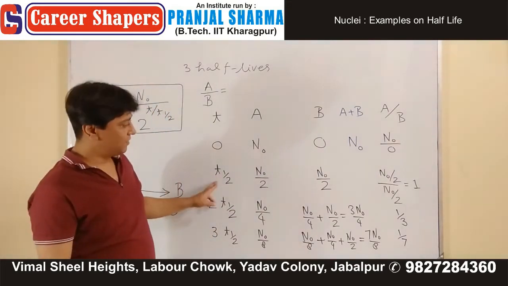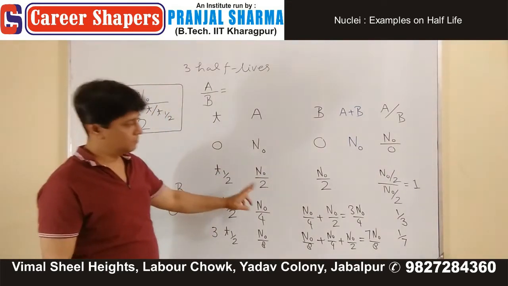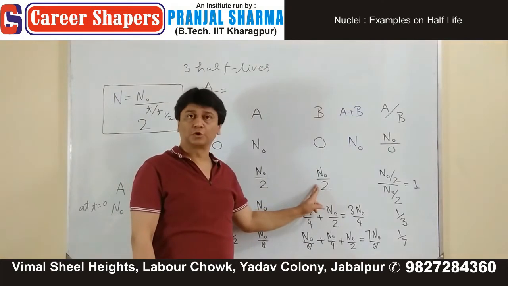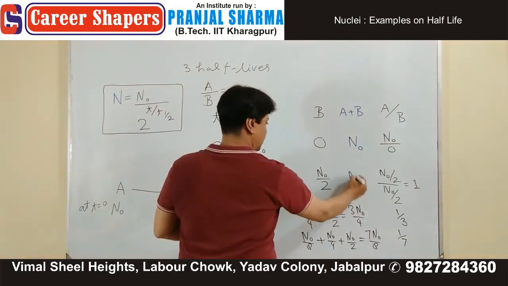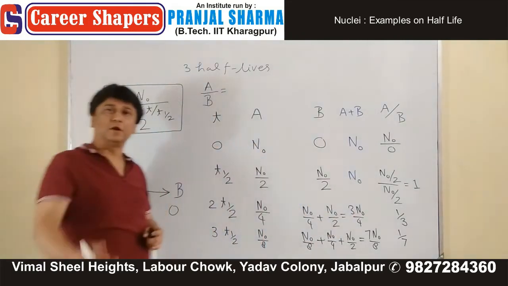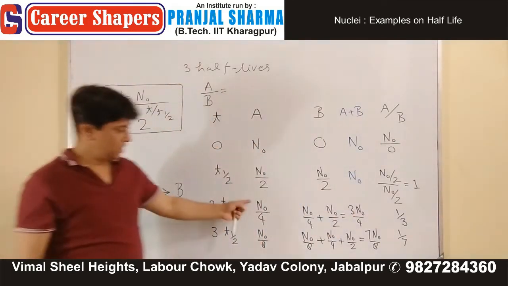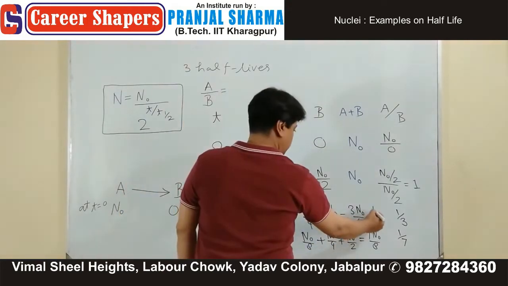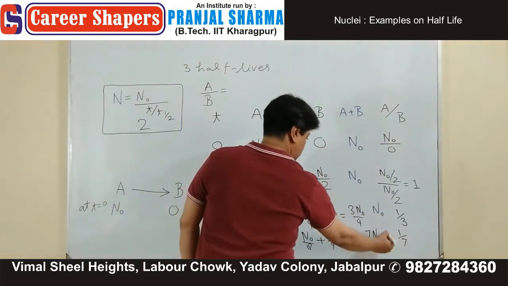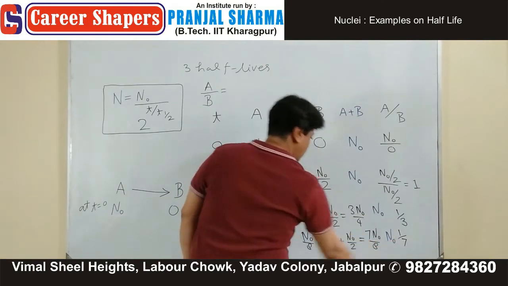So after 1 half-life, you've got 50 of A. They are also 50. Total sum is coming again N naught. This is N naught by 4, this is 3 N naught by 4. Sum is coming N naught.